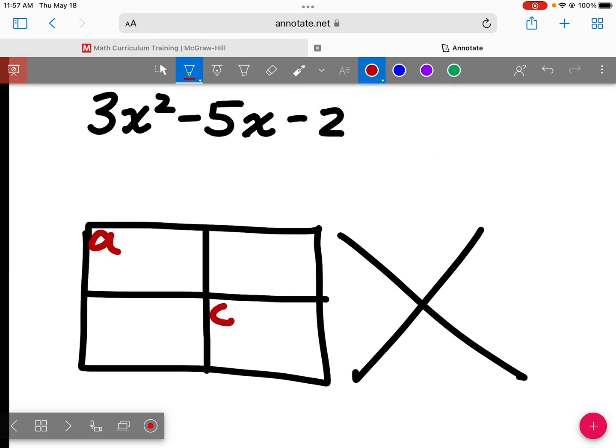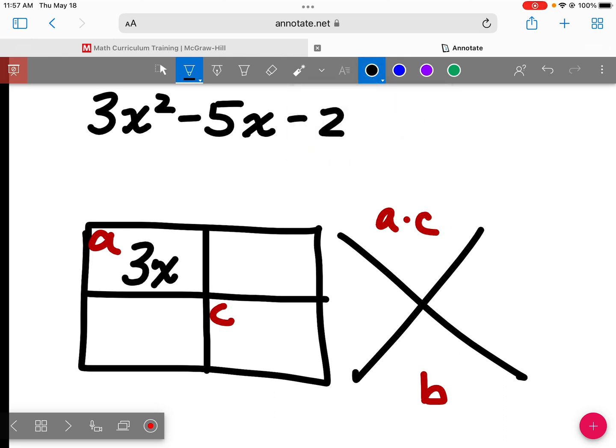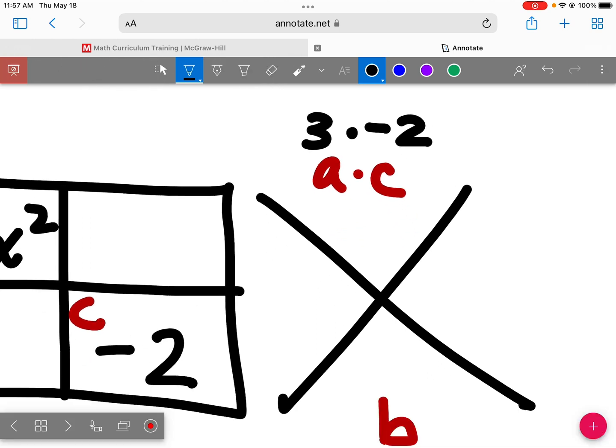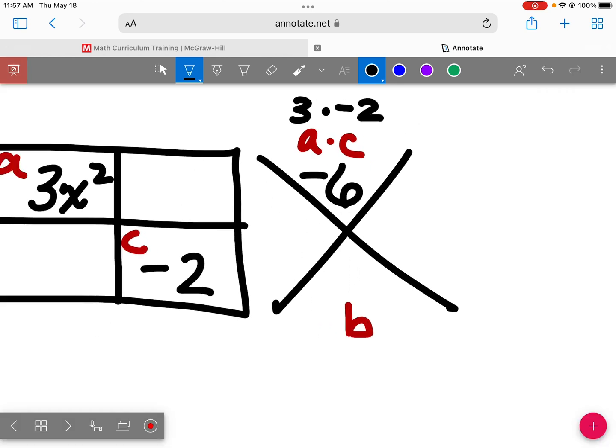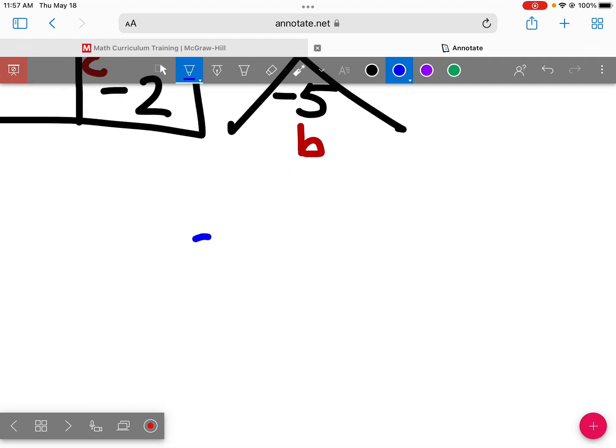So A and C, A times C and B. 3x squared, negative 2. So 3x squared times negative 2. What is 3 times negative 2? Close. Negative 6. I need 2 numbers that multiply to negative 6, but add up to what? Negative 5. What are some things you know of that multiply to 6? 3 and 2. 6 and 1.